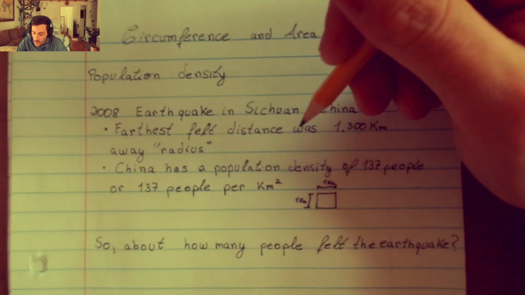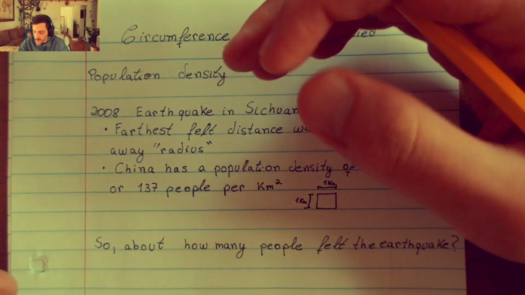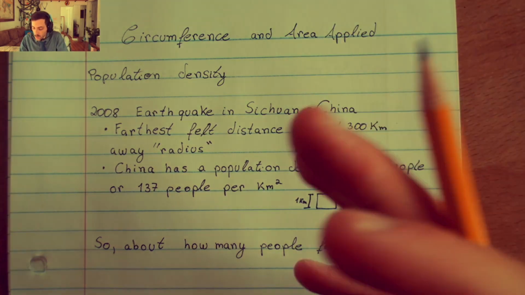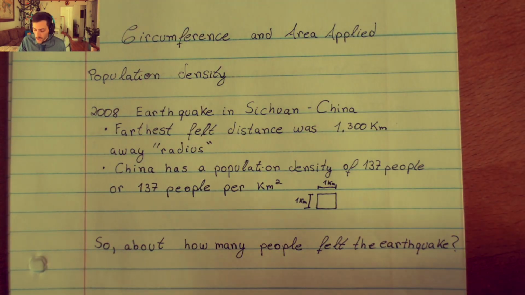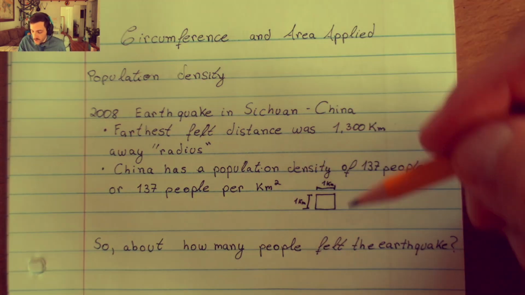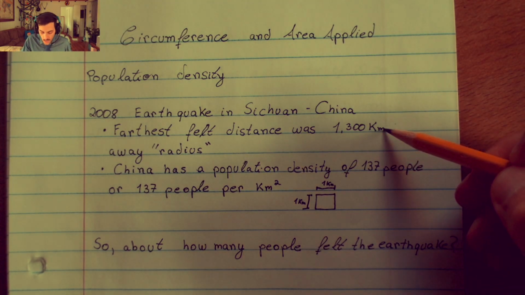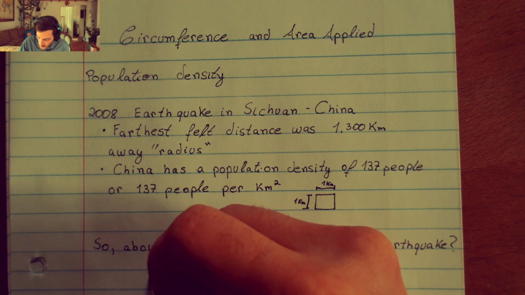From here, we can see that this is like a radius, and since earthquake waves expand equally outward, we can describe this loosely as a circle formed from a center location, such as the city. Our radius is going to be about 1,300 kilometers.